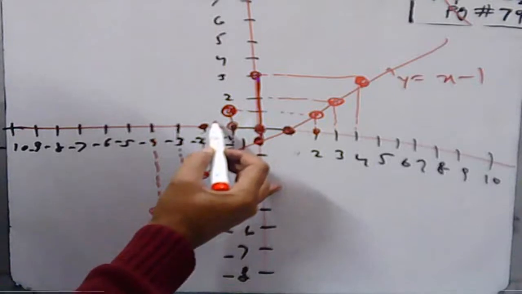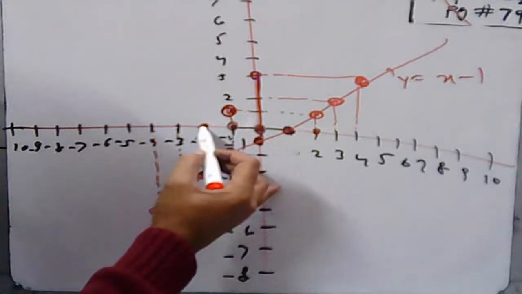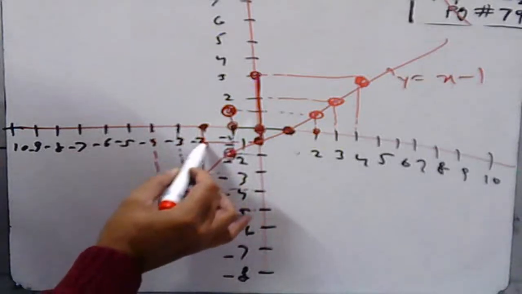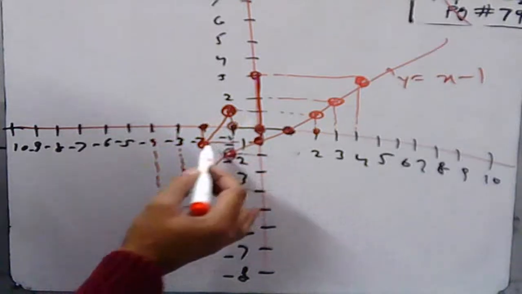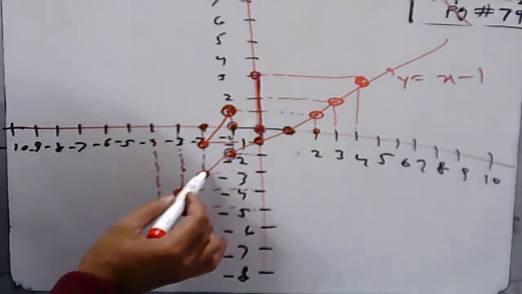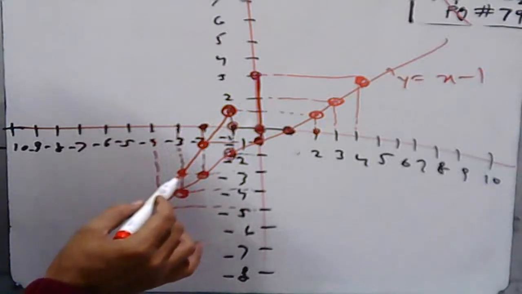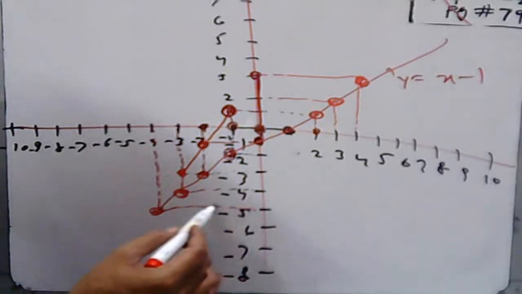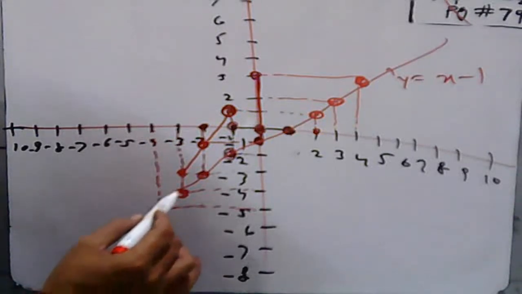When you take minus 2, you will get minus 1. Join this. Similarly, when you take minus 3, you will get minus 3, join this. And lastly minus 4, you will get minus 5. So join this, you will get this.